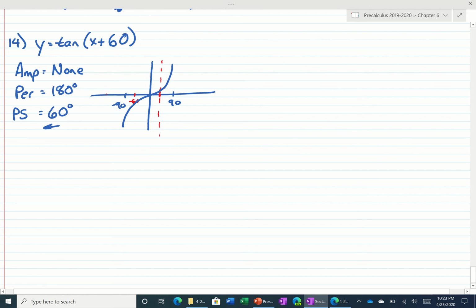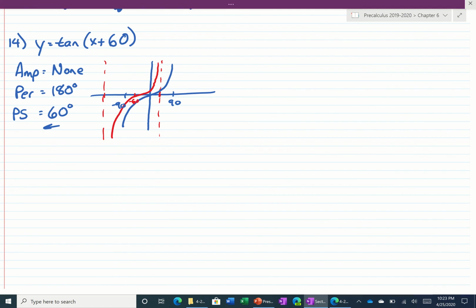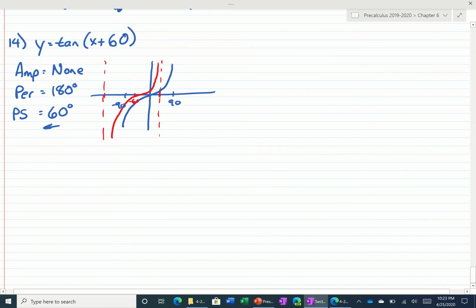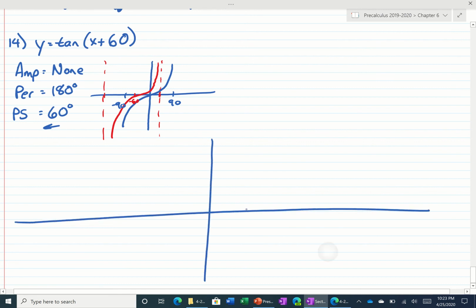And then this is going to have an asymptote at negative 150. So the graph's going to look something like this. That's what phase shift does. It moves the graph. So let's see if we could find some points, and we'll try to graph this. And we're going to be practicing this some more for the rest of the week.